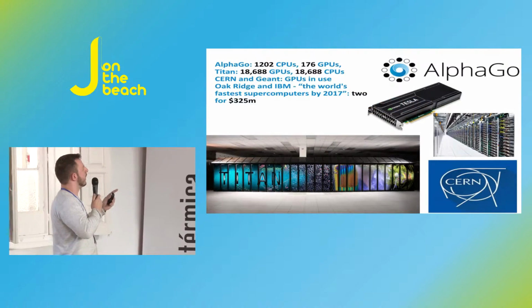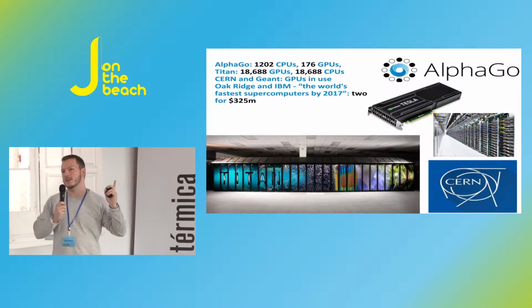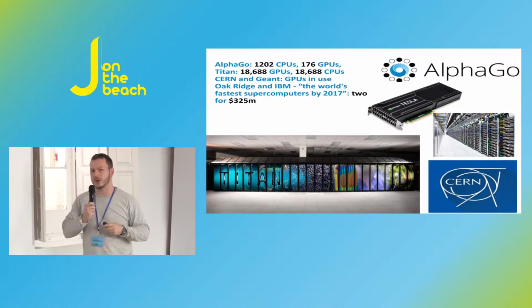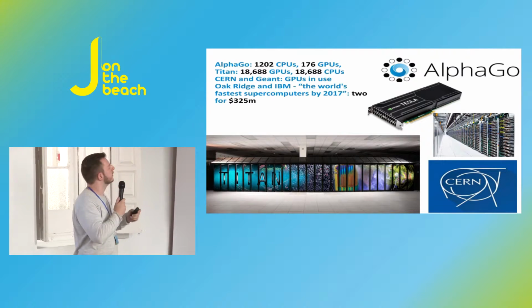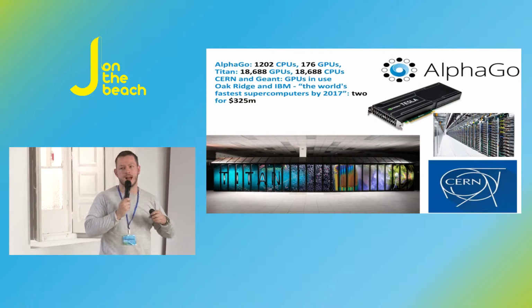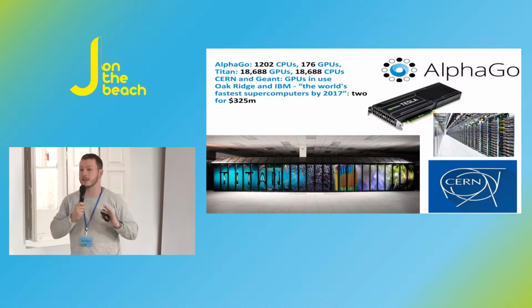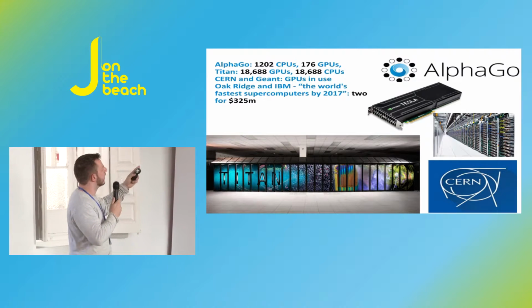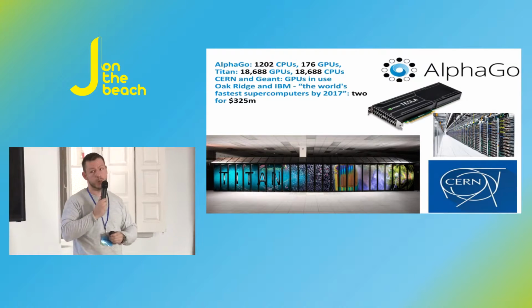In the press, you may have seen recently, there was AlphaGo, which beat the reigning champion, I think, for Go, and AlphaGo was a system using a lot of GPUs. I think there's 176 GPUs in the final version, and you have a lot of CPUs. These are great for processing lots of data at the same time, remember? You can also see Titan, which is the second best supercomputer at the moment.